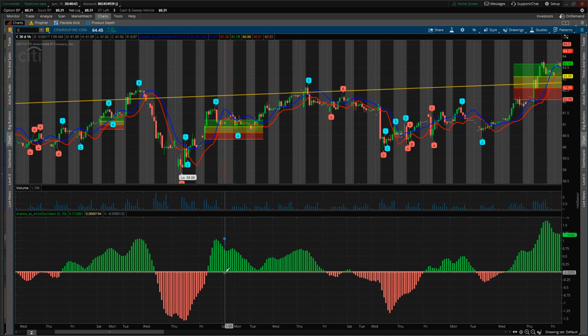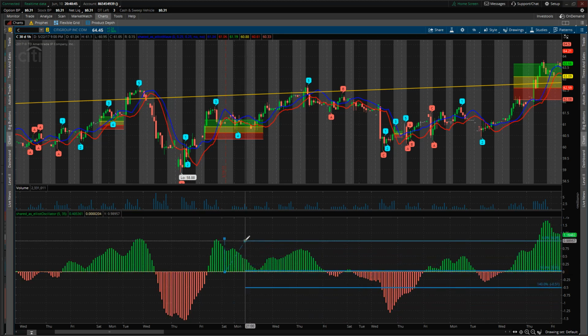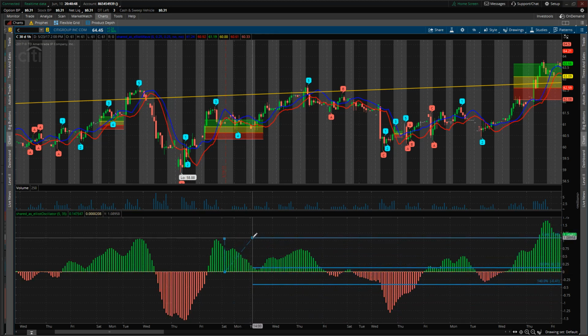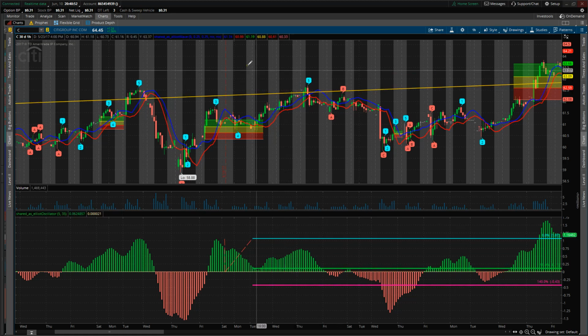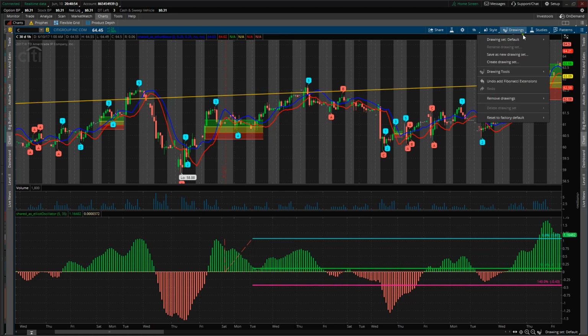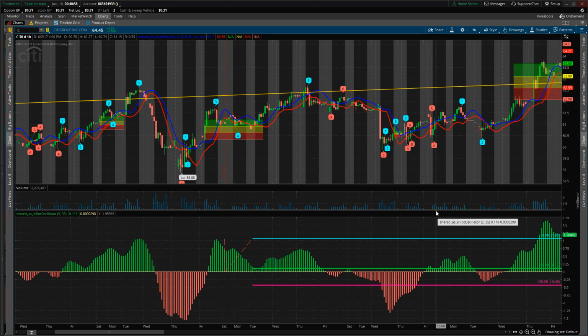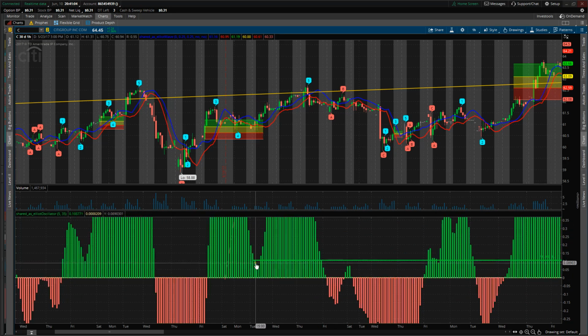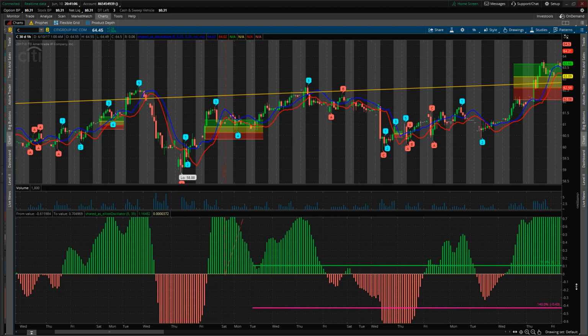Click once. 0 is there. And high point is there. So yeah, that would have been a good trade. So just because that fails on the daily doesn't mean there's not a trade on the 60-minute intraday. We zoom right in there, we can see that point here became below the 90, so that was good.